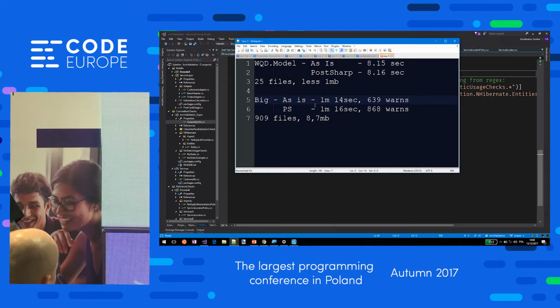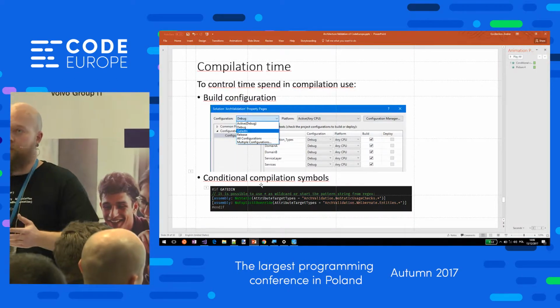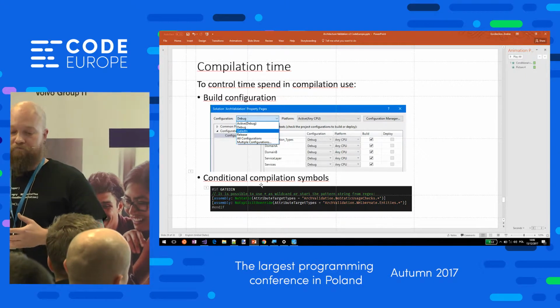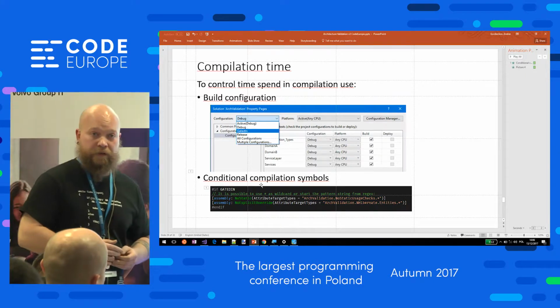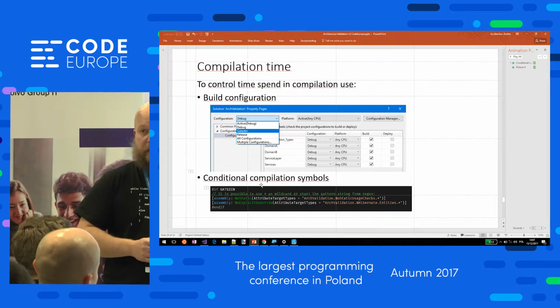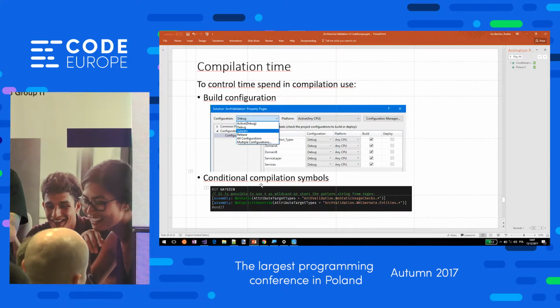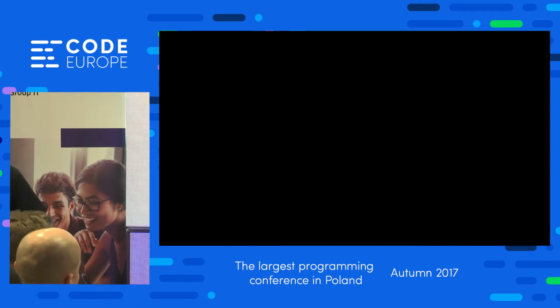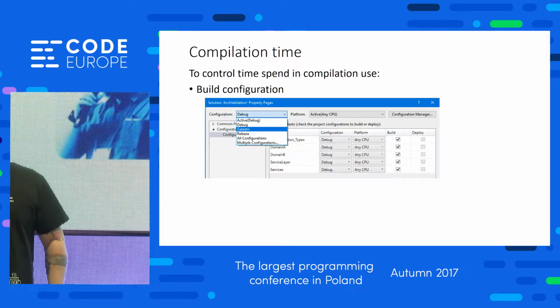This is one of the complaints about aspect-oriented programming, that when you apply these aspects, compilation time becomes much slower. And yes, it's partially true. Everything depends on how intensively you are instrumenting your code.